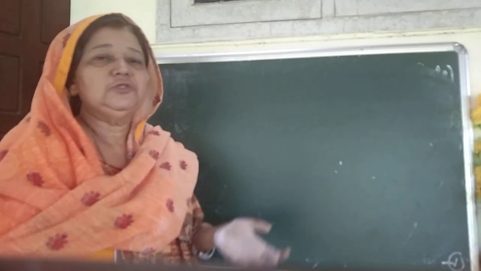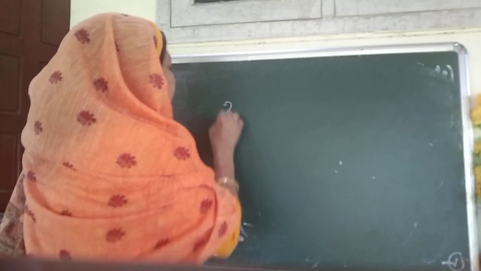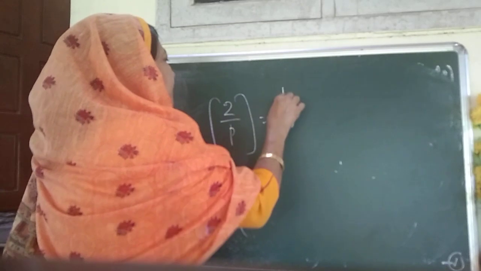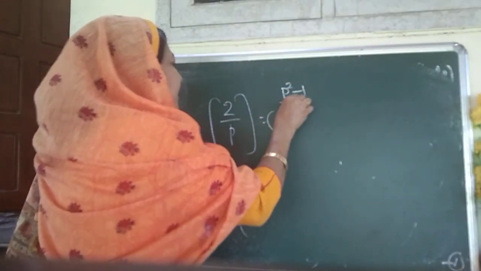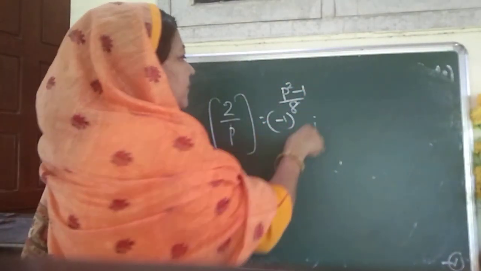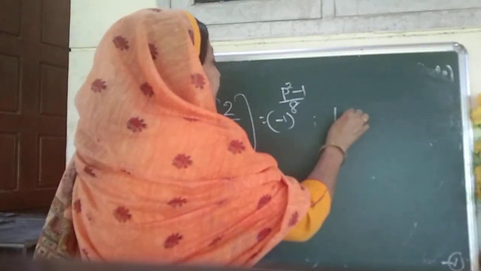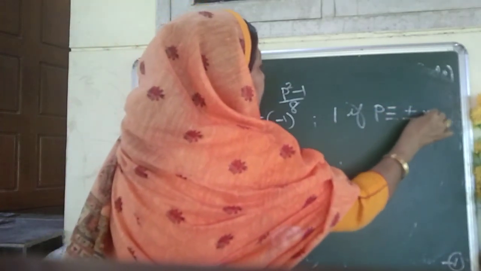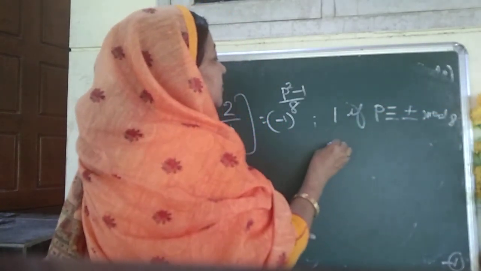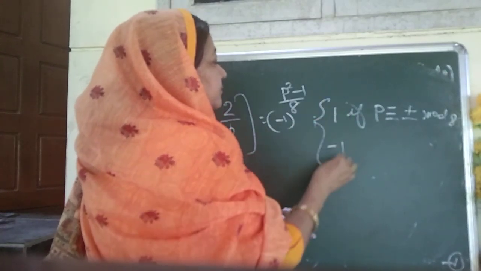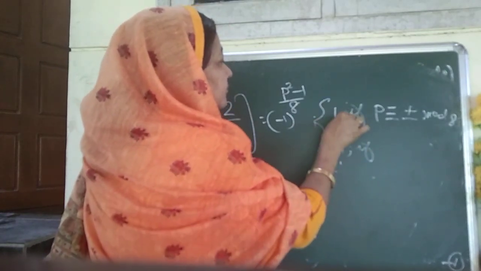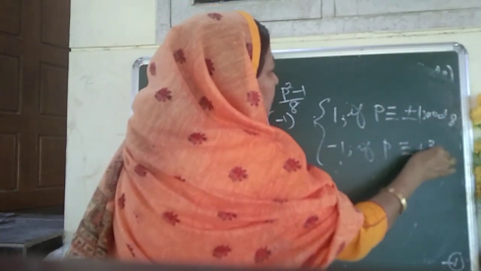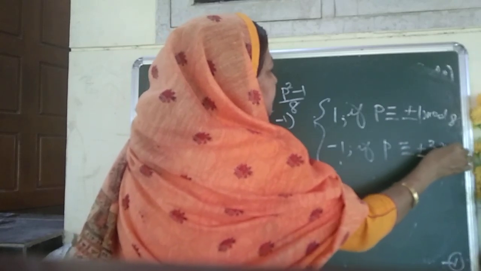So we can see that (2/p) equals (-1) raised to (p squared minus 1)/8. That is equal to 1 if p is congruent to plus or minus 1 modulo 8 and equal to -1 if p is congruent to plus or minus 3 modulo 8.